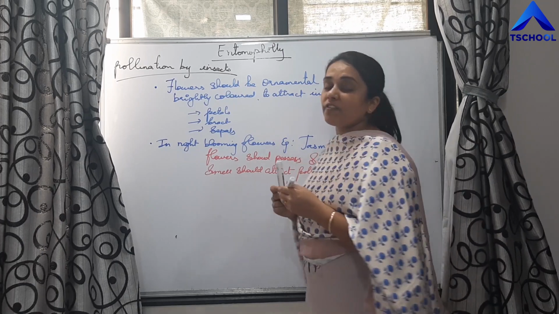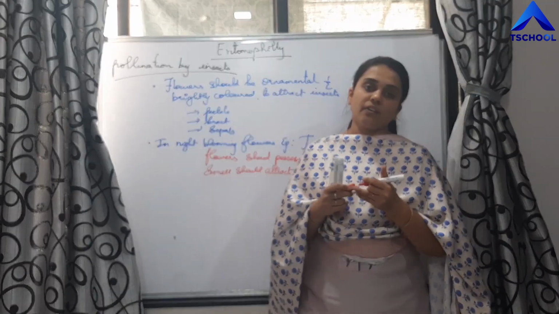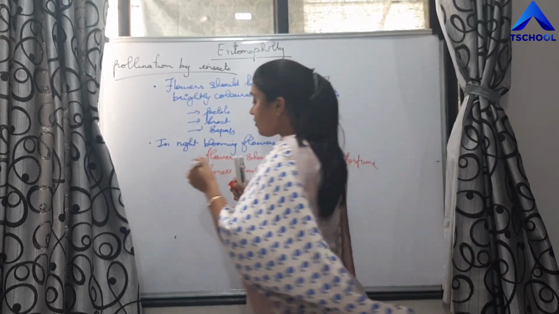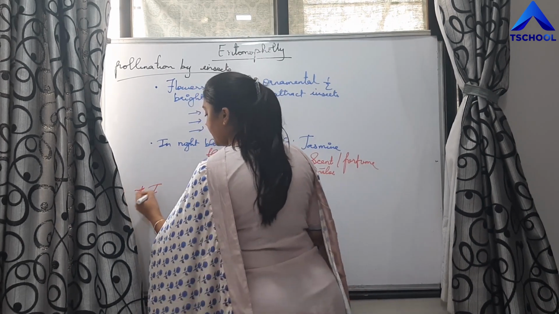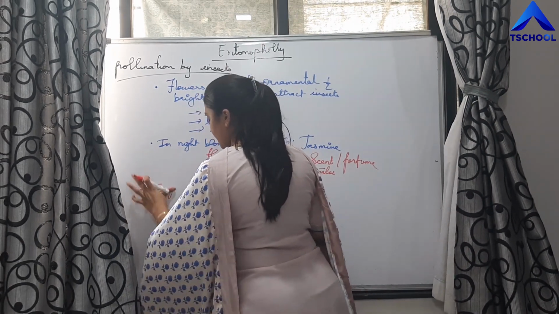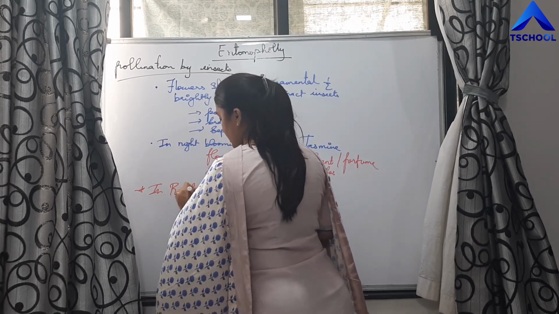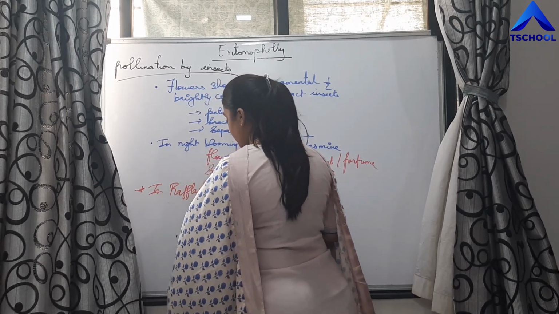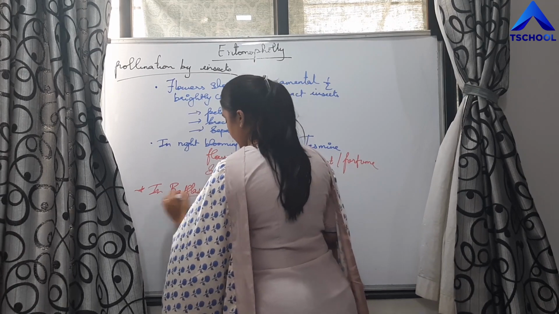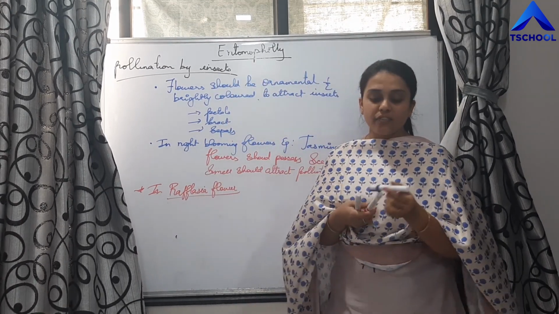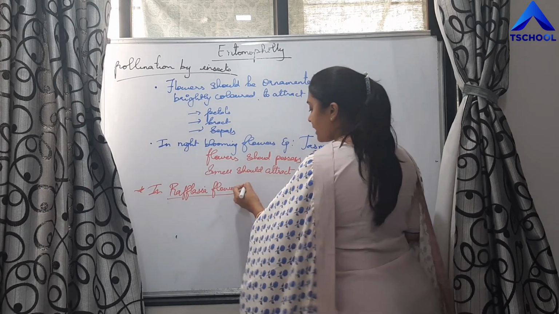So in night blooming flowers, the smell should attract the pollinator. One more example we can take is the Rafflesia flower. This is very important. This Rafflesia flower is a very large flower.